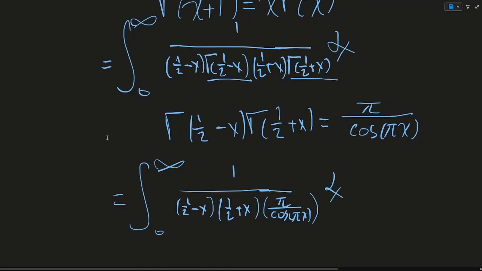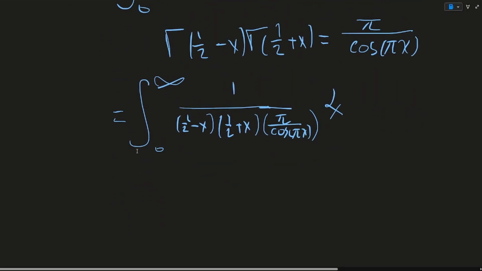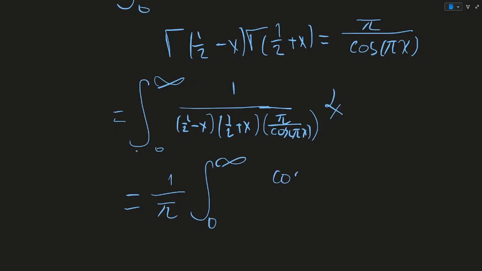And again, doing some more manipulation, we can take out that 1 over pi term. We get 1 over pi times the integral from 0 to infinity of cosine of pi times x over (1/2 minus x) times (1/2 plus x) with respect to x.